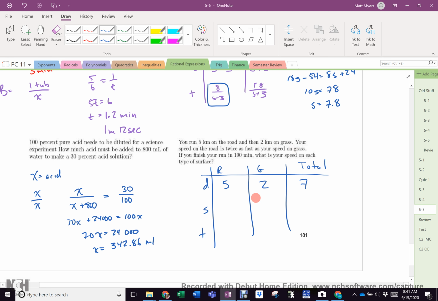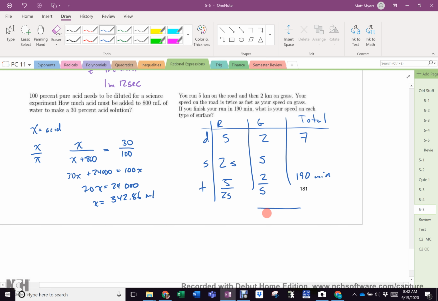So if our grass speed is s, our road speed is 2s. Then our time is 5 over 2s, 2 over s, and then we took 190 minutes. So all we do is work it out.